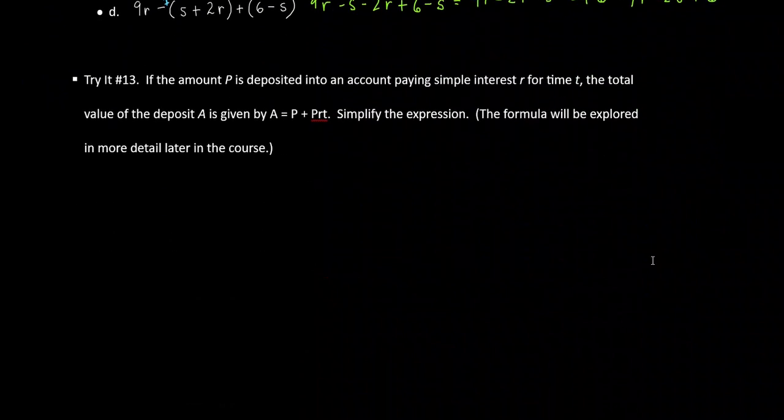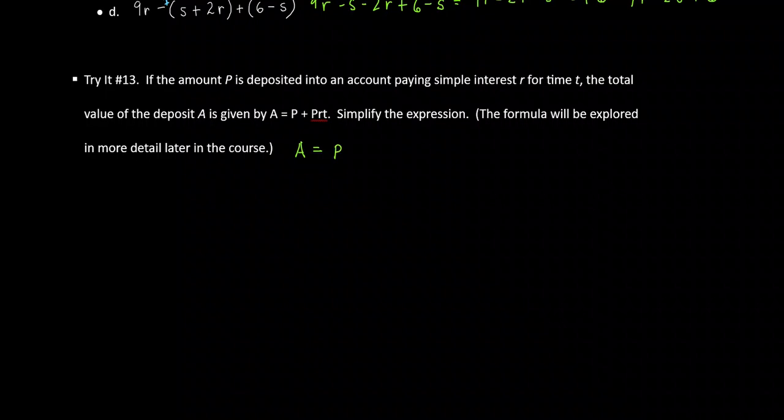All right, last problem here. Try it number 13. If the amount P is deposited into an account paying simple interest R for time T, the total value of the deposit A is given by A equals P plus P times R times T. Simplify the expression. Sometimes it's not always clear what they mean by simplifying, but what they want here is for you to see that P is in the first term and the last term.